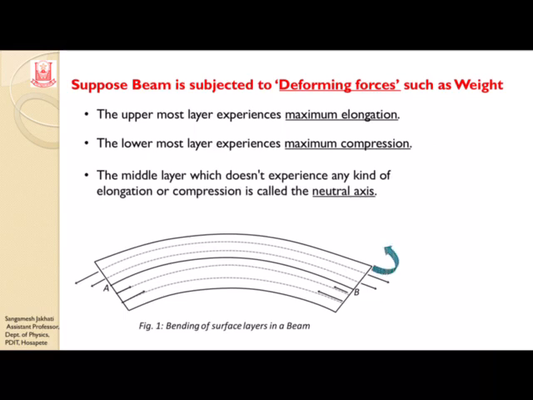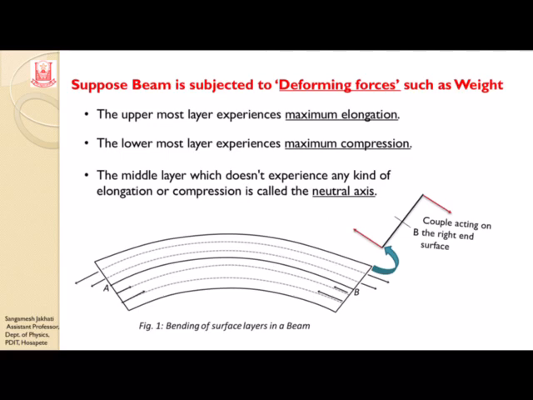Suppose the right hand surface of the beam, the dead end right hand surface, if you magnify that, then you can see that there is a couple acting on that beam.